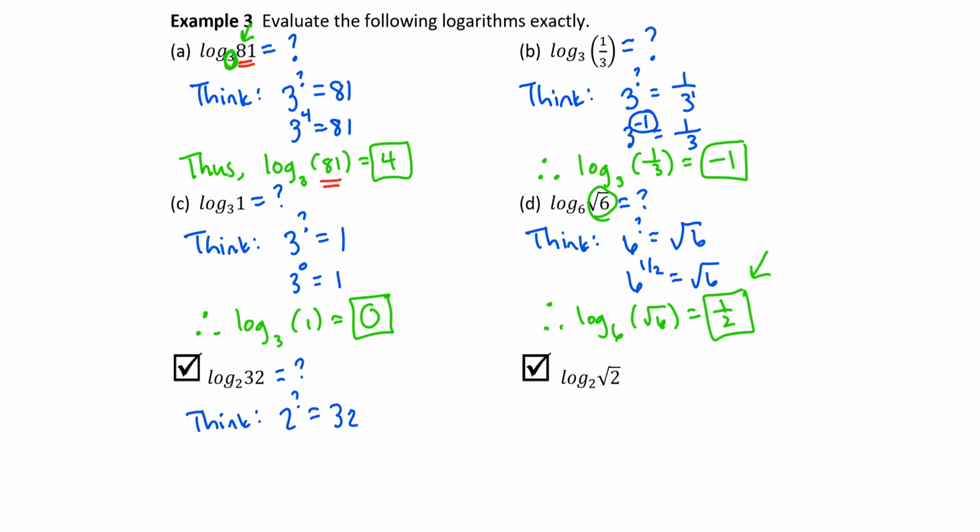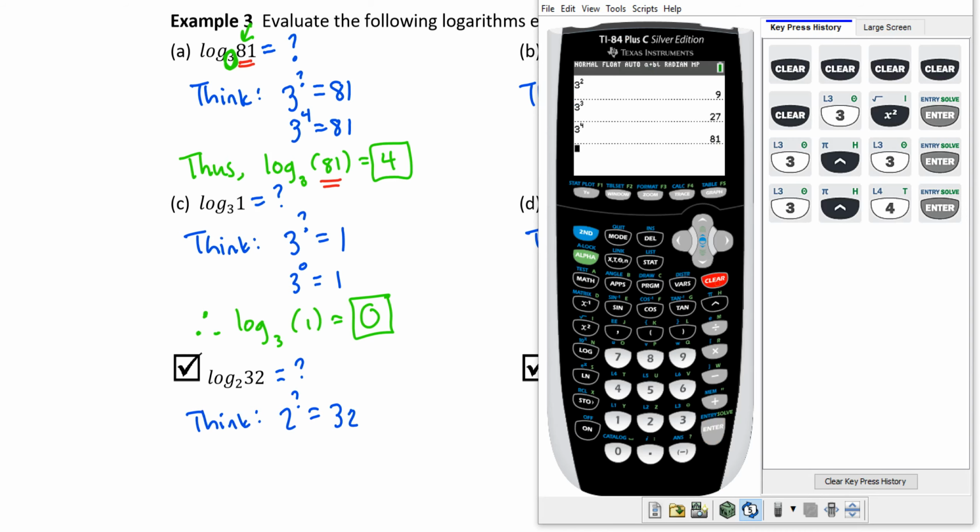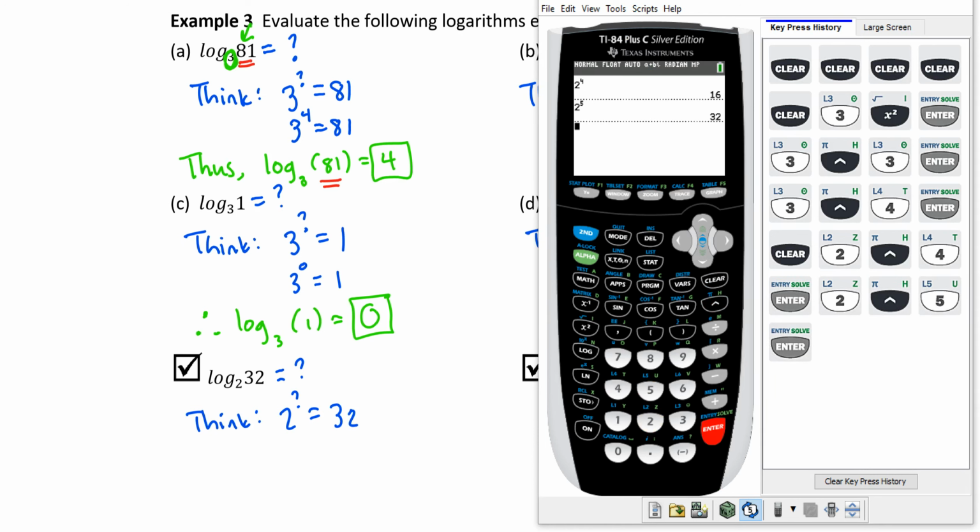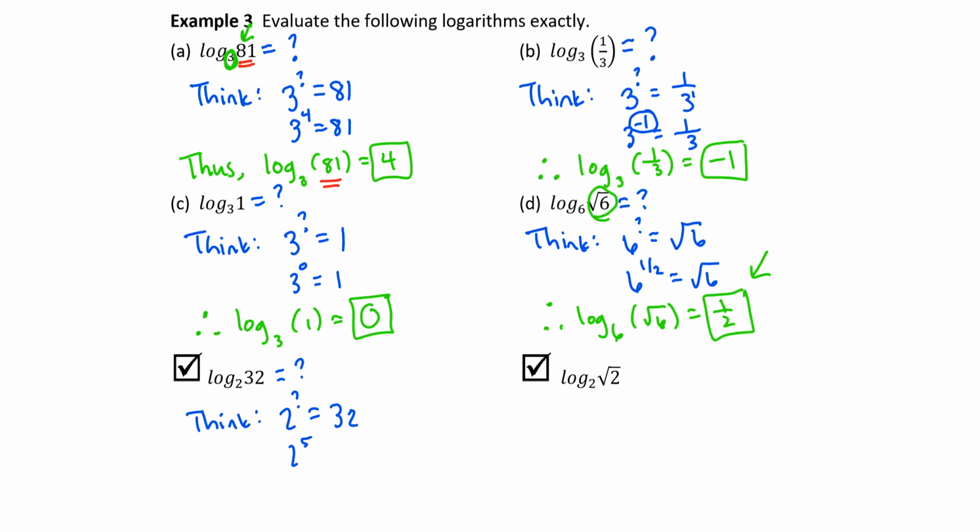Now, if you're unfamiliar with powers, remember you can make use of your calculator. 2 to the 5th is equal to 32. And by the way, the more you practice, the more familiar these numbers will become, and you'll probably be able to evaluate them without a calculator. So log base 2 of 32 is equal to 5, because the exponent that I'm looking for there is 5.